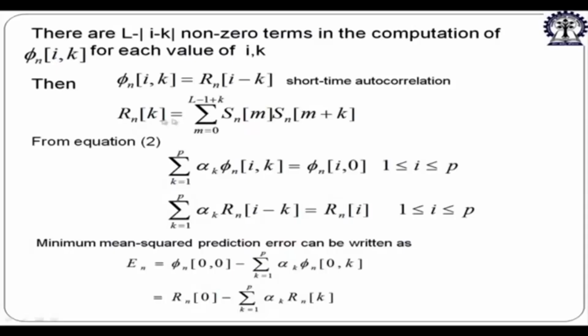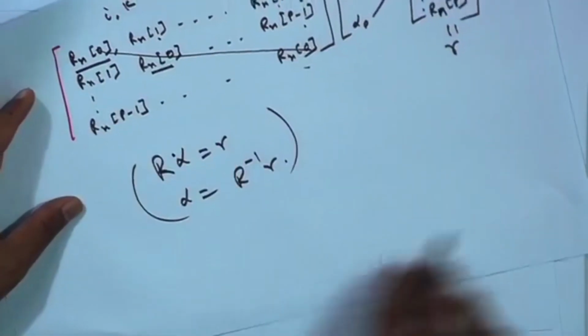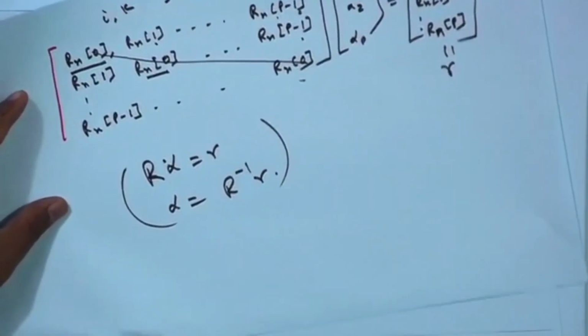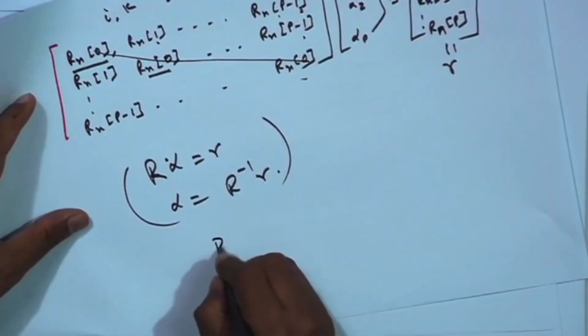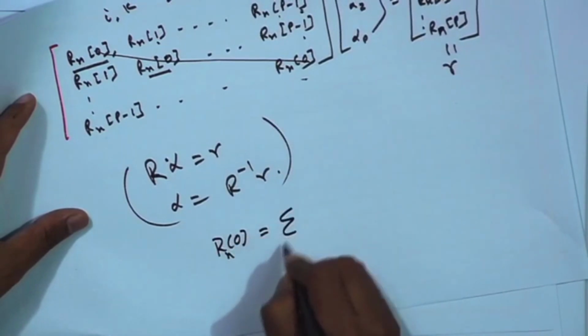I have established here that R_n is nothing but autocorrelation. So, instead of phi(i, m), I have to know R_n(0). What is R_n(0)?